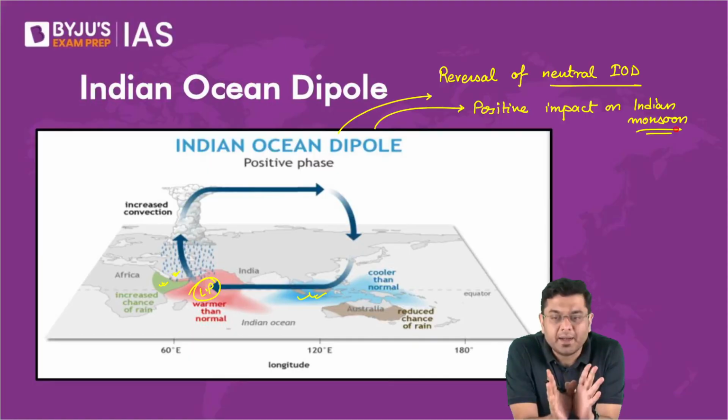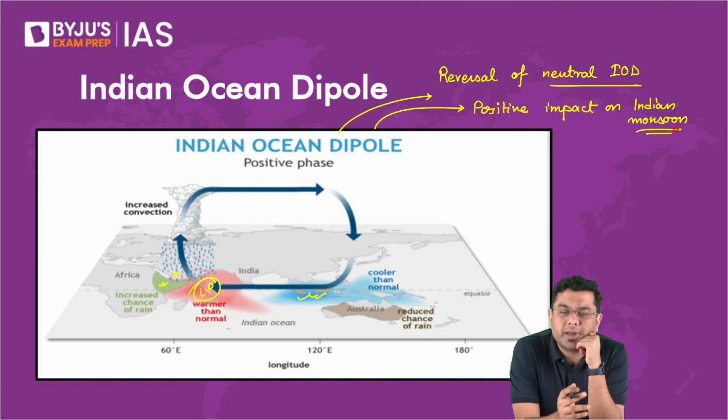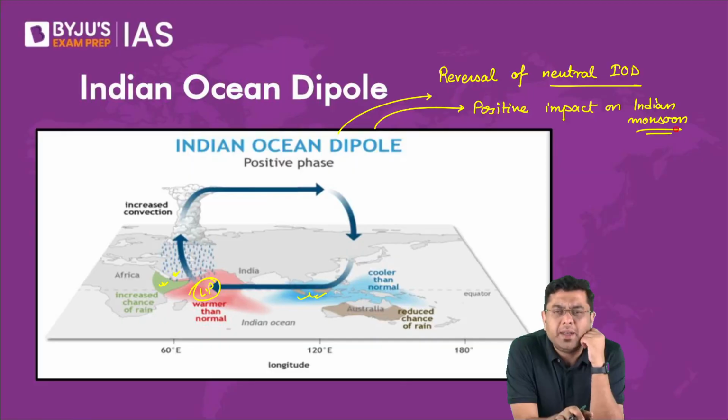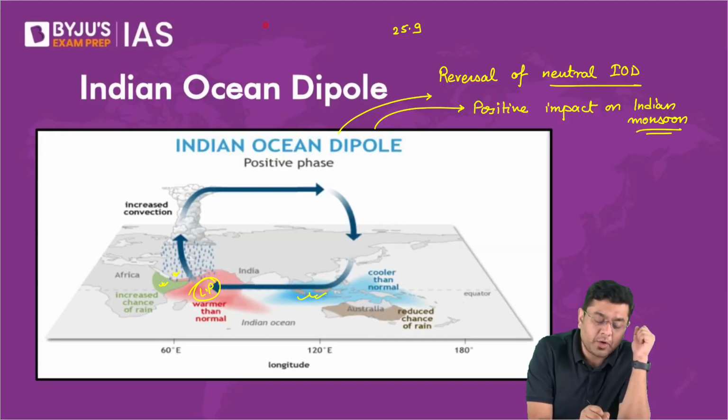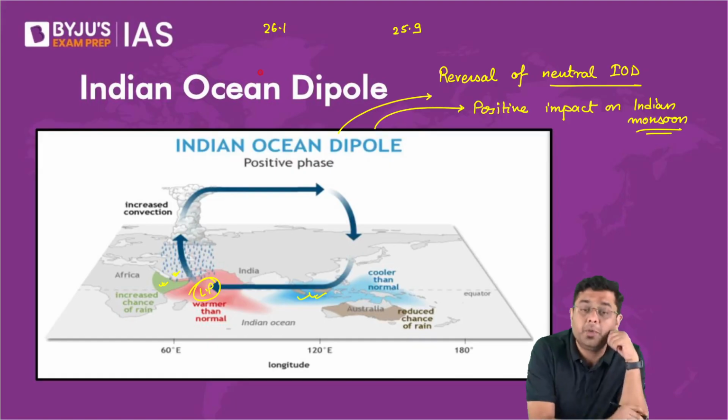Always get that clear. Okay. Positive phase will occur because there will be a significant amount of heating in the region of the Somalian coastline, and Somalia would get heat and the Indonesian islands will get colder. It is not that the Indonesian islands will get colder. Please understand, again, I would repeat, even if, let's suppose, across the Indonesian islands the temperature is 25.5 or 25.9, and across the region of the Somali coastline the temperature is even 26.1.